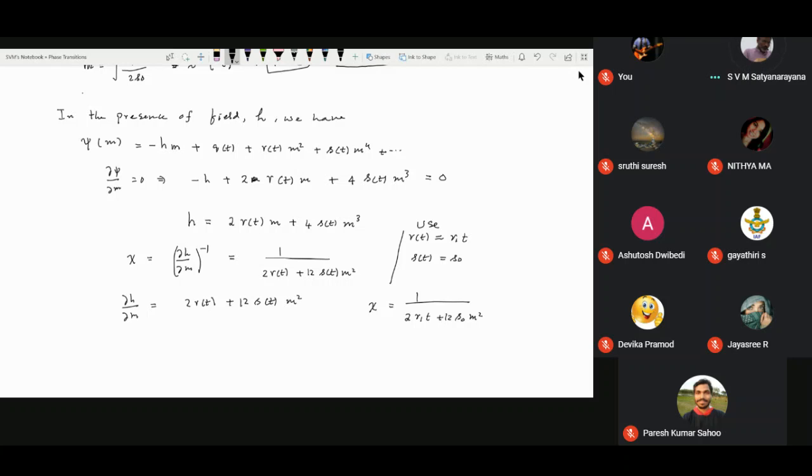For the roots that we know, this m square is minus r1 t divided by 2 s. So if I substitute that, I get chi equal to 1 divided by 2 r1 t plus 12 s naught into minus r1 t divided by 2 s.